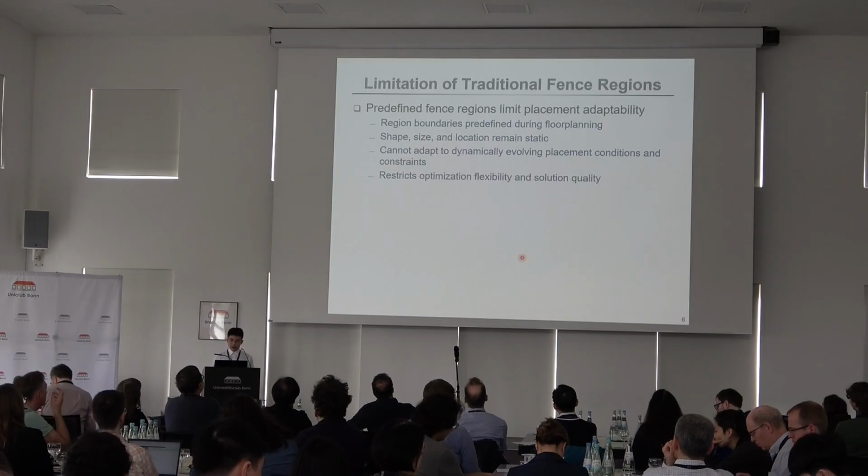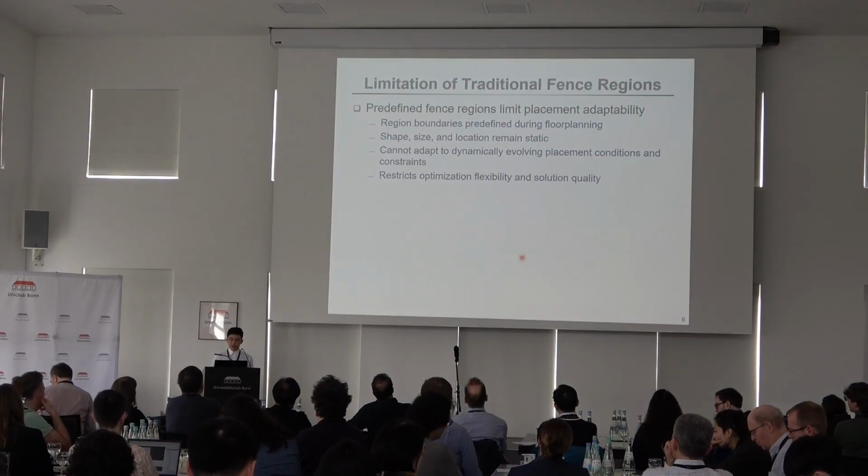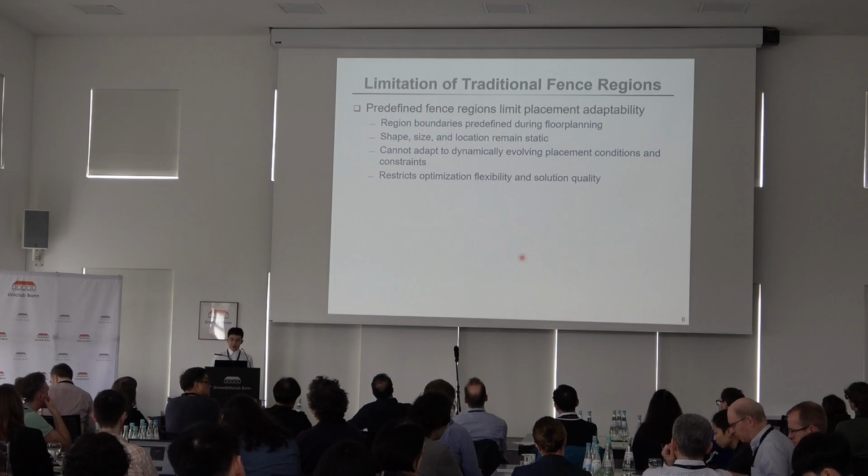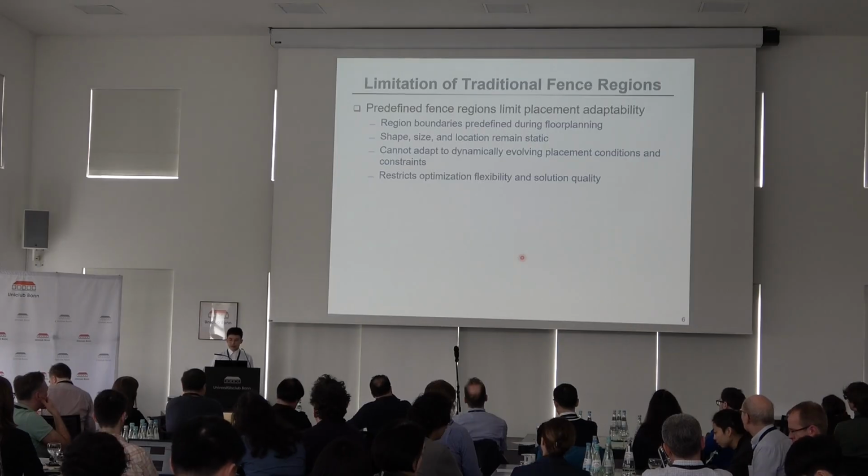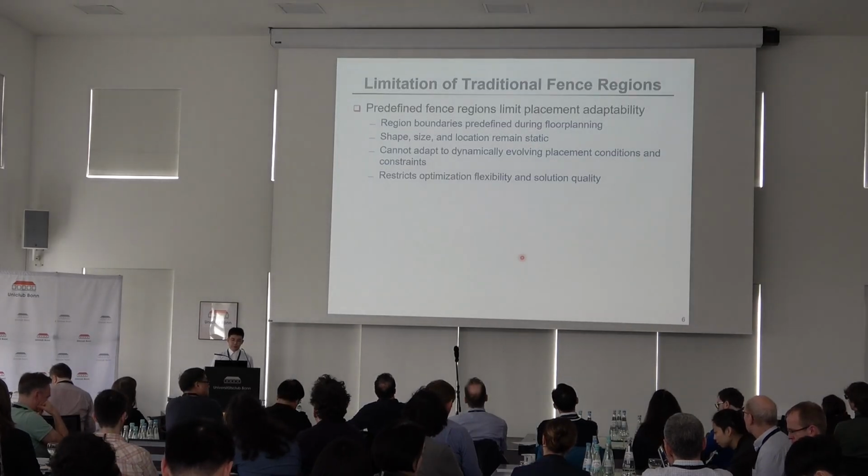Traditional fence regions are predefined during floor planning. Their size, shape, and location remain fixed throughout the placement. This lack of flexibility prevents the placement engine from adapting to dynamic constraints and evolving wirelength conditions, which may degrade overall solution quality.